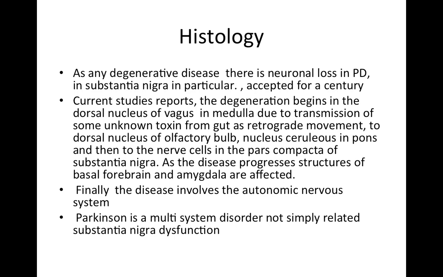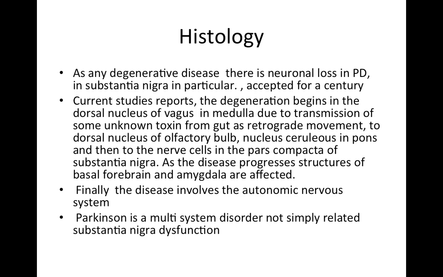The degeneration sets in the nerve cells of the substantia nigra in particular. This is the pathophysiology that has been accepted in Parkinson disease over a century. At present, there have been studies and reports in the current literature.